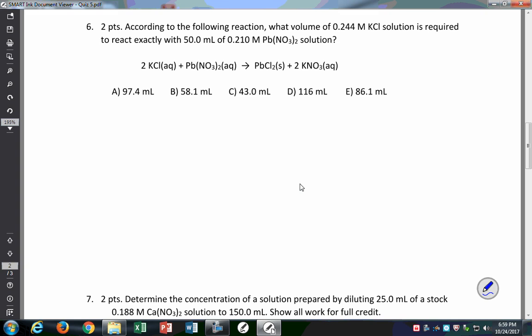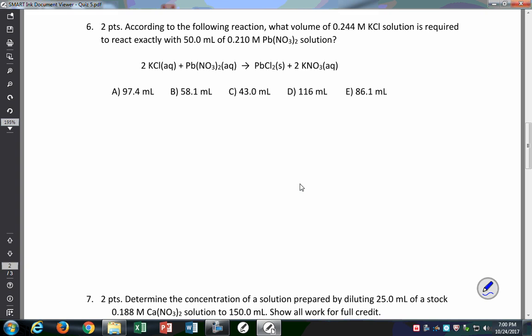What we are being told is, we want to know what volume of a 0.244 molar potassium chloride solution is required to react exactly with 50 milliliters of a 0.210 molar PbNO3 solution. So first off, what we know, ignore the solutions for now.